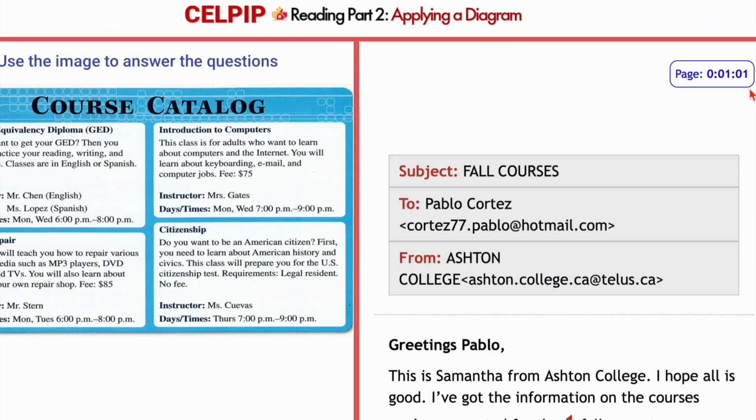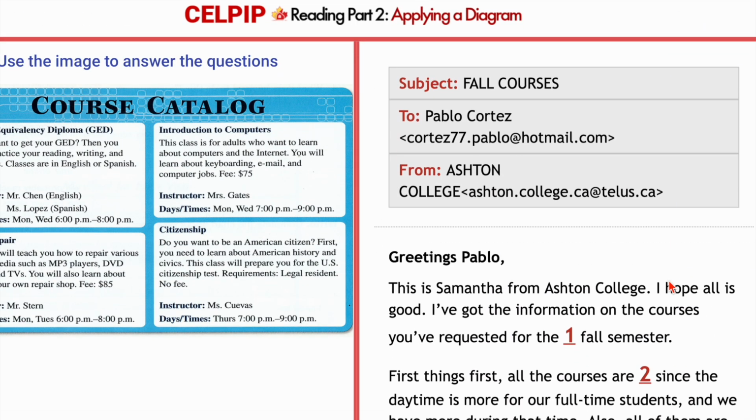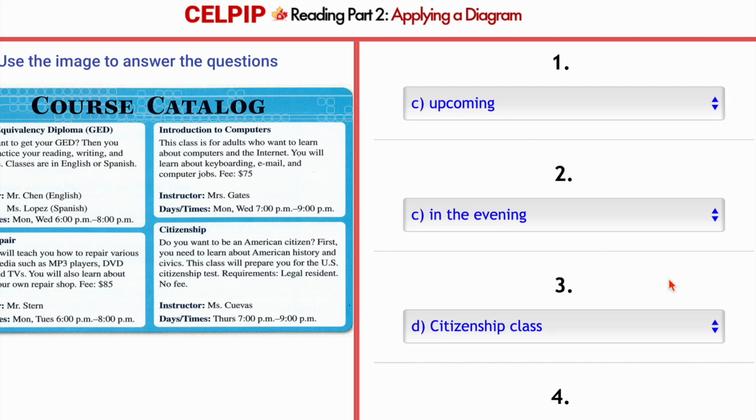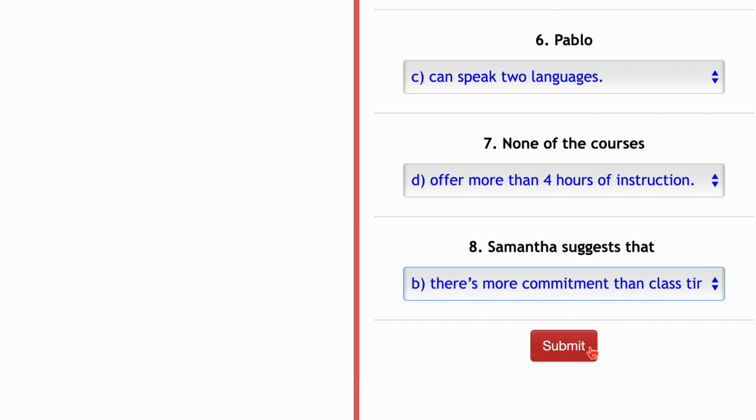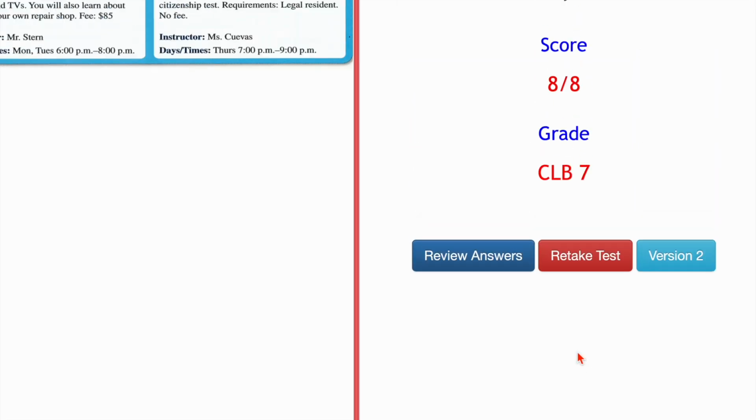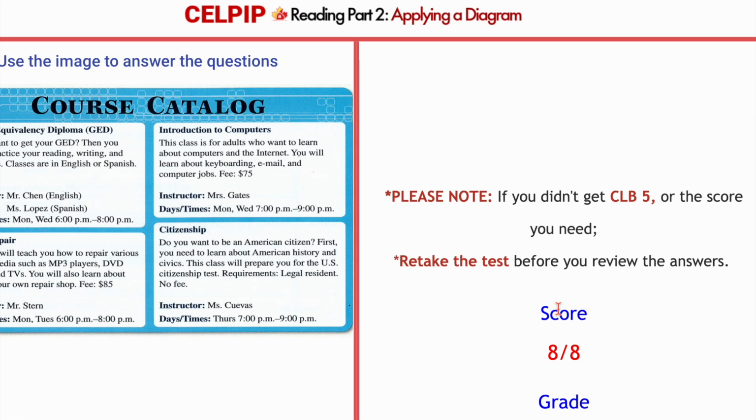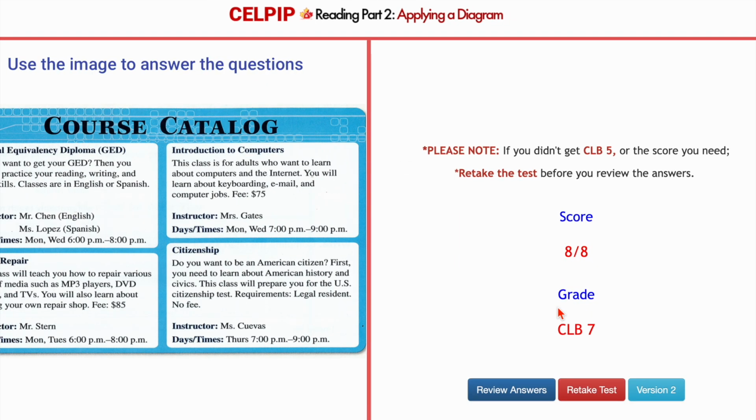All right, well, we finished with a minute left. Okay, I hope we got everything correct here. Okay, very good. Very good, everyone. And now, of course, part 2 is more for CLB 5-6. You need to focus on this part, CLB 5-6s.